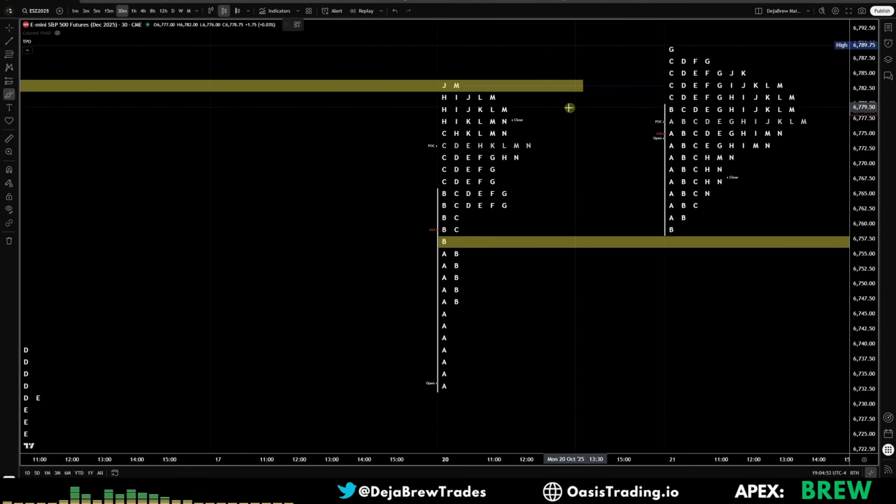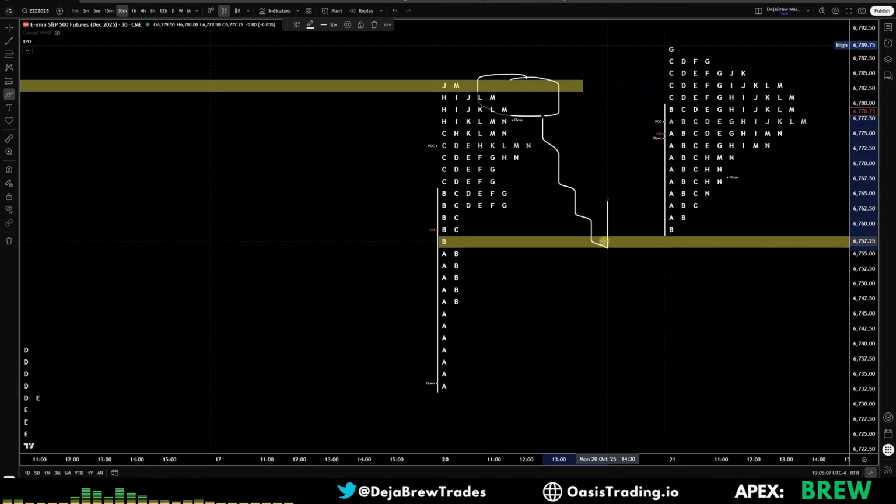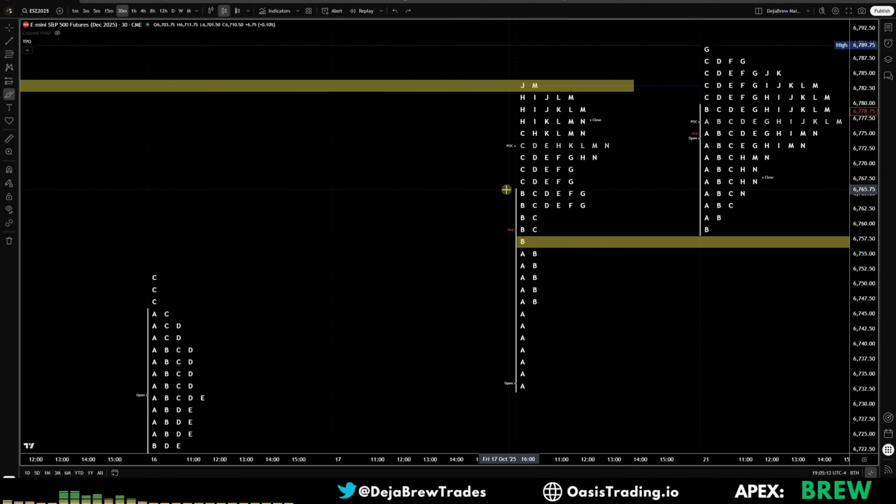Let's say, for example, we're selling this high of day for some reason. Maybe there's a sweep up there, whatever. And we know, hey, there are single prints below us. Therefore, I can use that single print as a valid target because there is a high probability that that single print will be filled in.